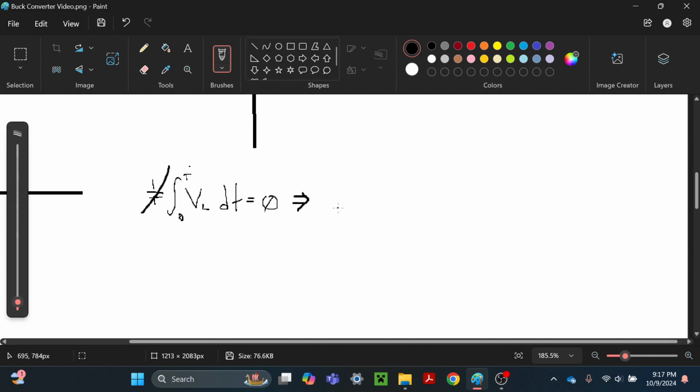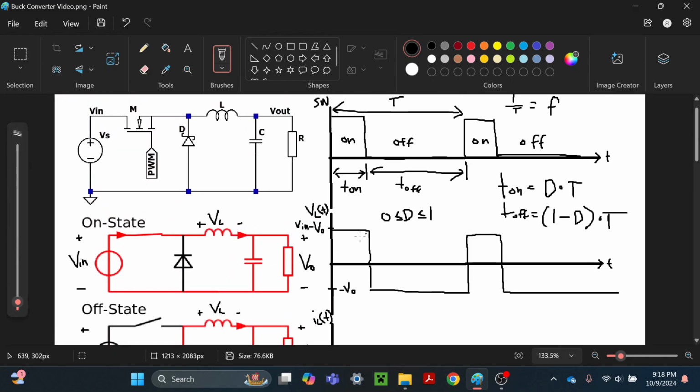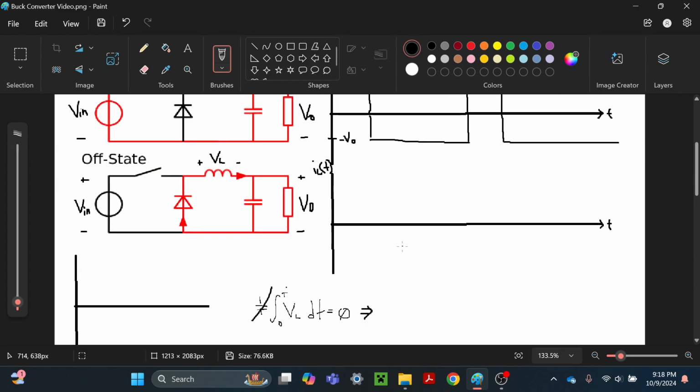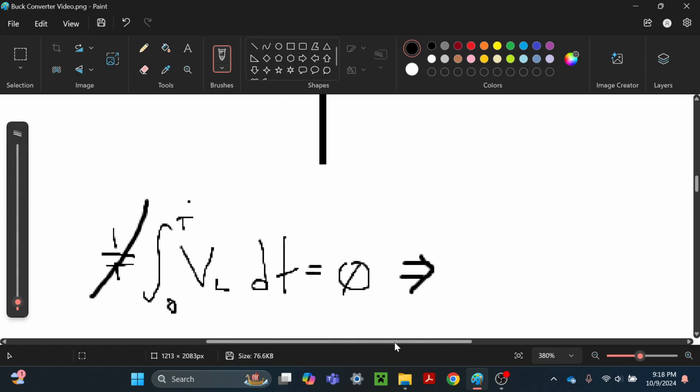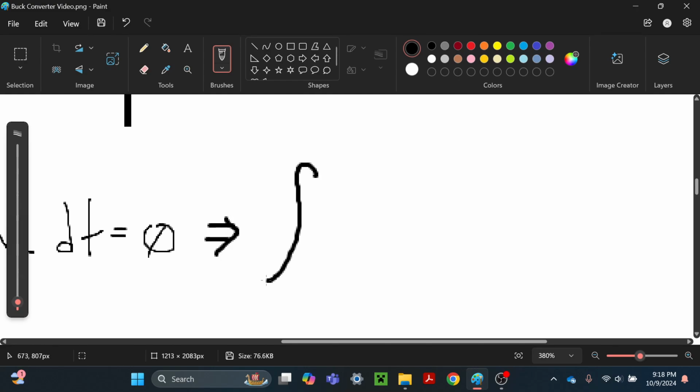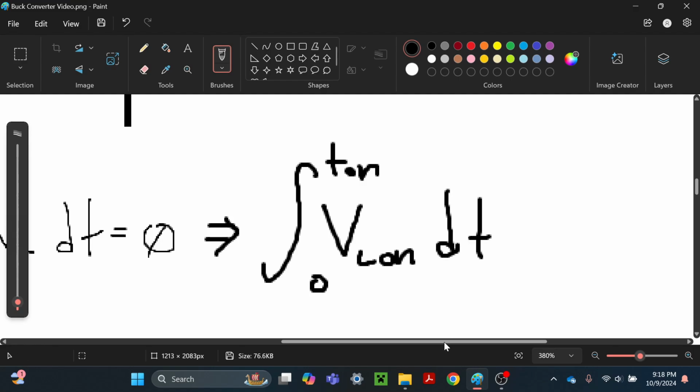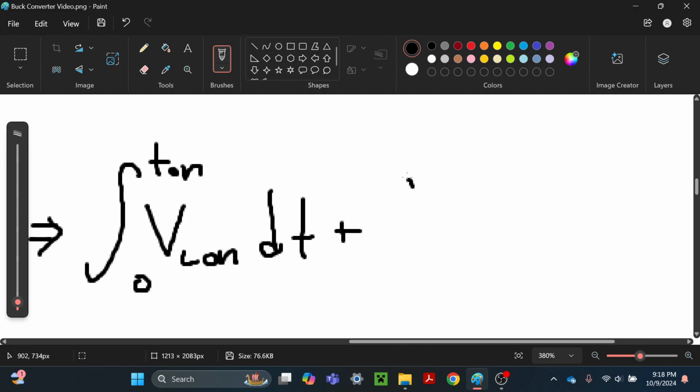Just multiply both sides by T. And then we can separate the on time from the off time. So we can write from 0 to T on, the on voltage with respect to time, plus the integral from T on to the full period. This is for the off time.